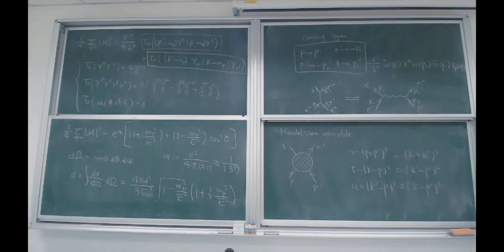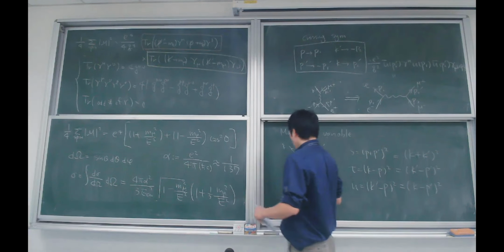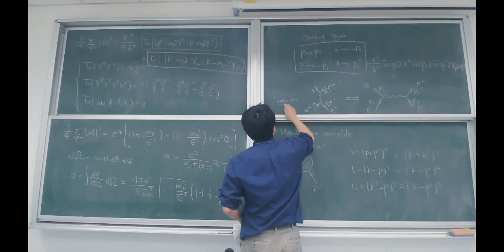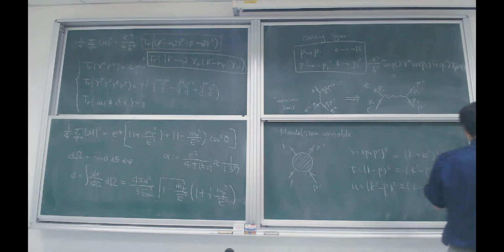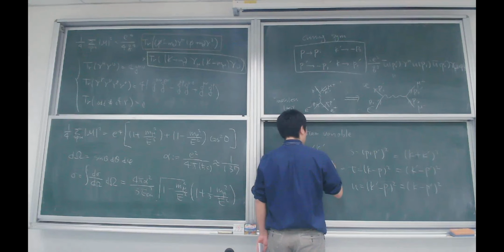And if you take the massless limit, it just becomes super simple. If you take the massless limit, then if you expand this one, this is equal to k squared plus p squared minus 2k dot p.